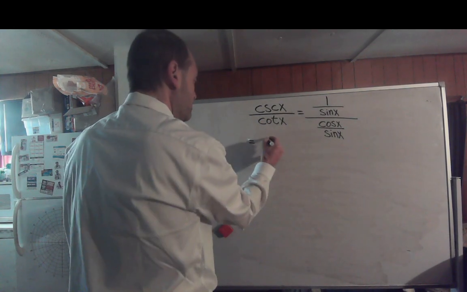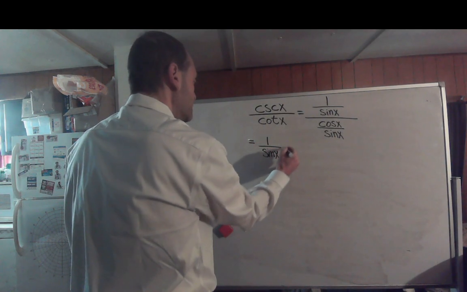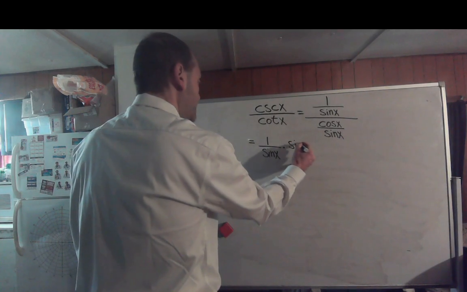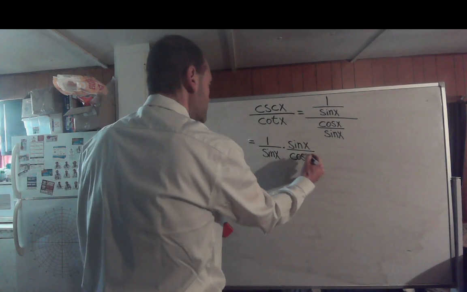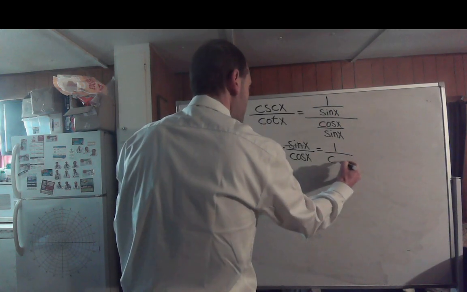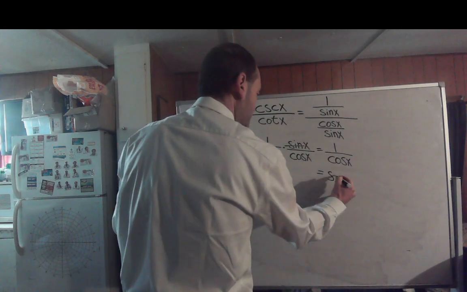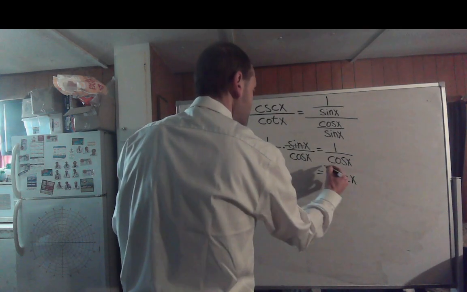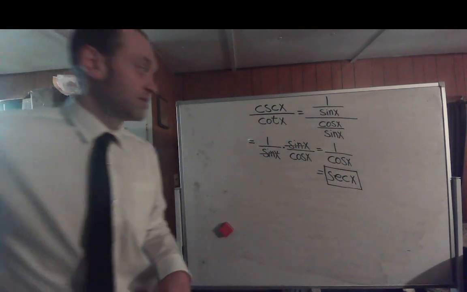You invert and multiply, this would turn into 1 over the sine of x times the sine of x over the cosine of x. Your sines will cancel out. You would get 1 over the cosine of x, which is simply the secant of x. So this should simplify rather nicely into the secant of x.